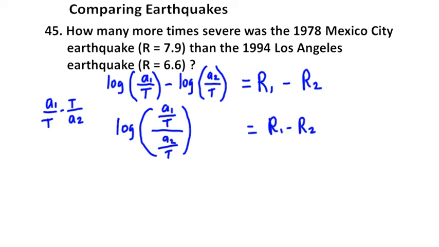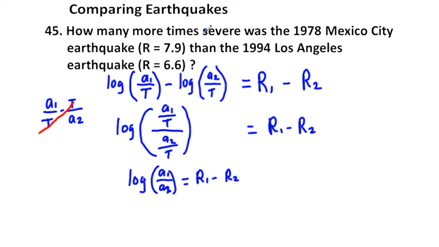And so t over t will cancel each other, and what we have left is the log of the ratio of a sub 1 to a sub 2 equals R sub 1 minus R sub 2, the two earthquakes.